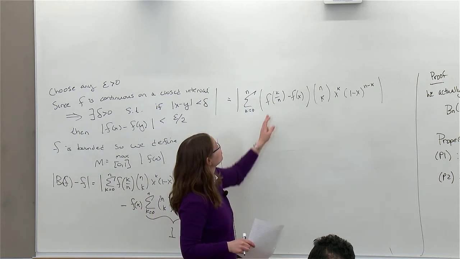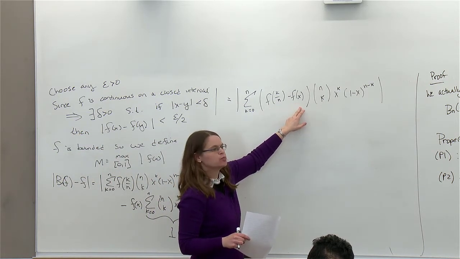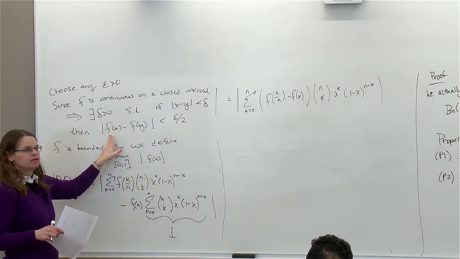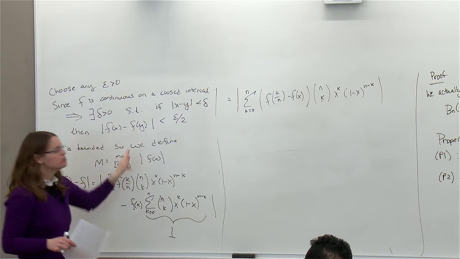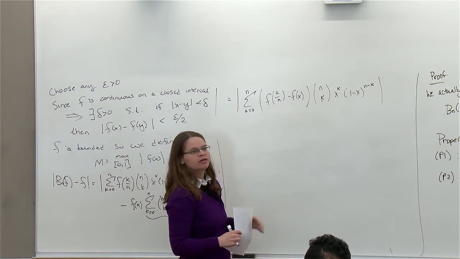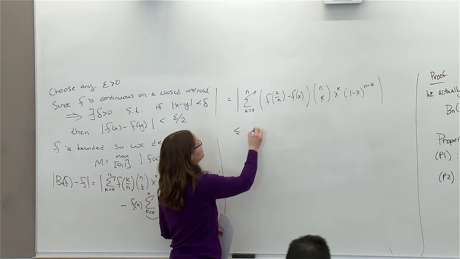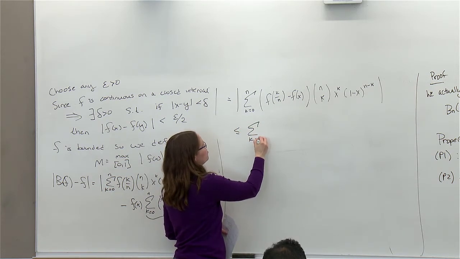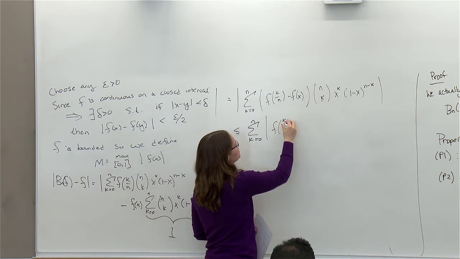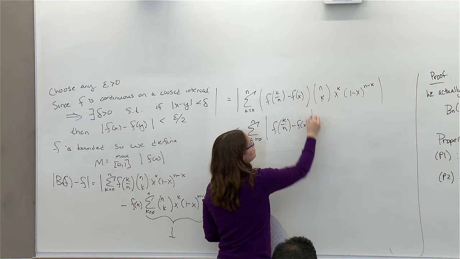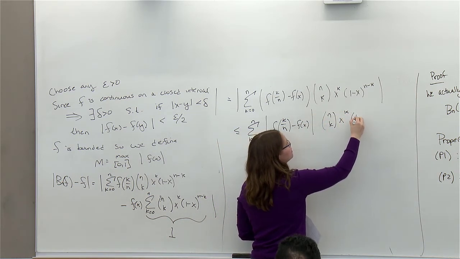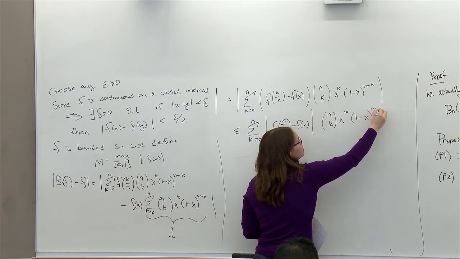Again, this is good because I've got the difference between f at 2 points, and we've already written down something about the difference between f at 2 points, actually the absolute value of the difference. So what I want to do is get this in terms of the absolute value of this difference, and that I can do. I can bound this by bringing the absolute value inside. All these terms out here are already non-negative.